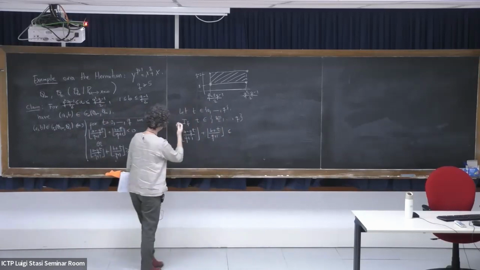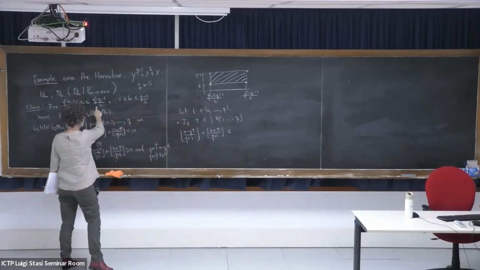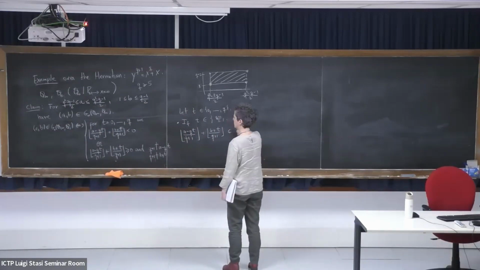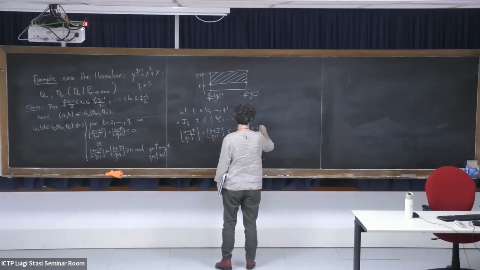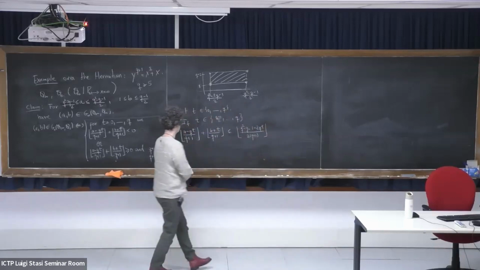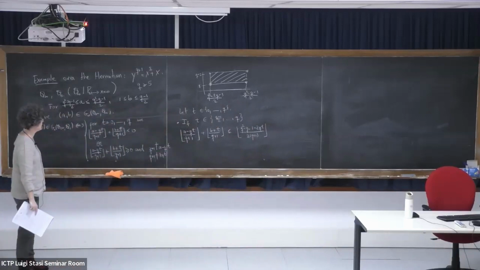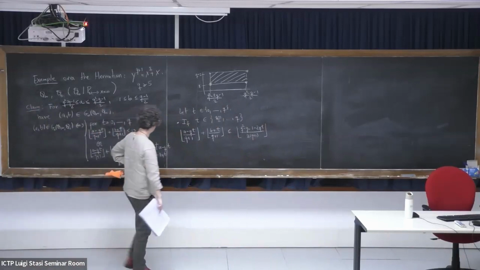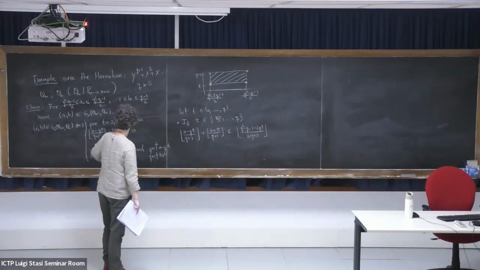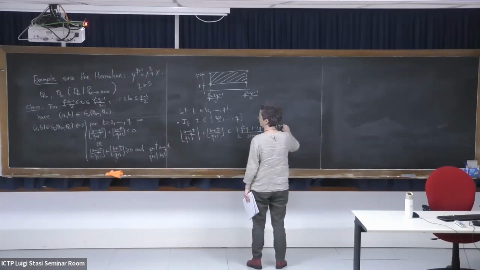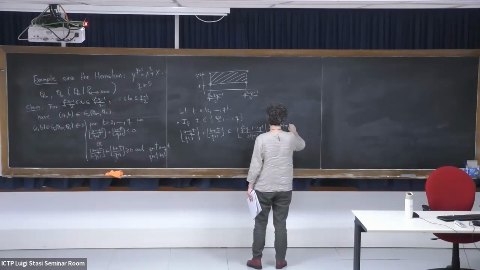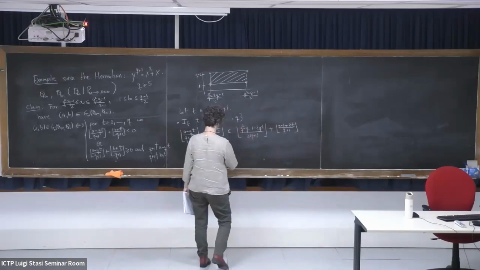Well, the largest value for A is this one, so I have something like Q squared minus Q minus 1 over 2Q plus 1, minus 2QT. And for B, the largest value for B is this guy, so this is at most Q minus 1 plus T plus 2T over Q plus 1.